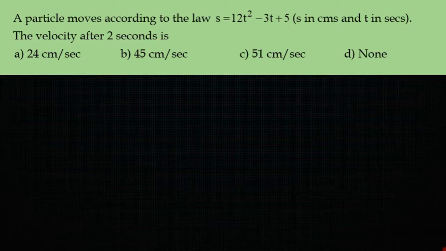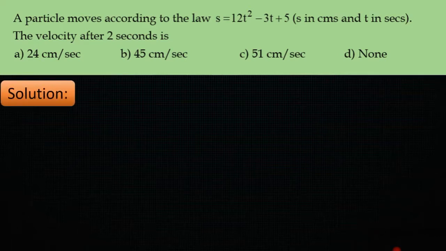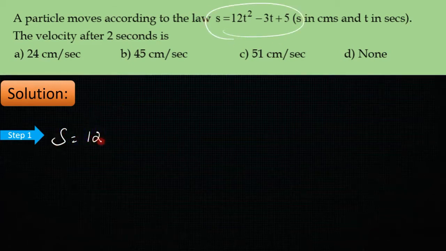Let us find this. Given S = 12t² - 3t + 5. Now we find the velocity.